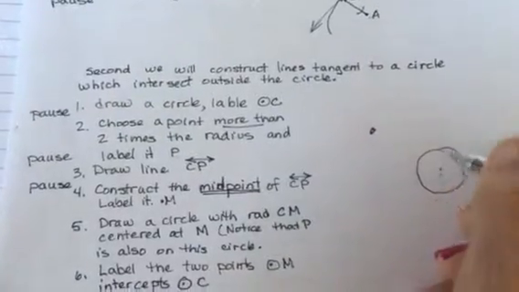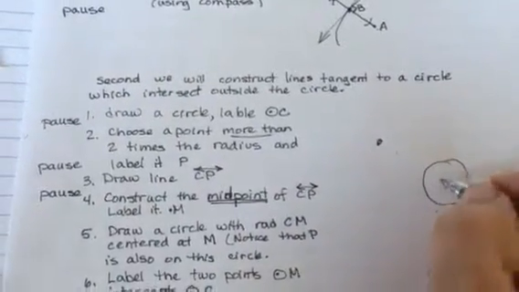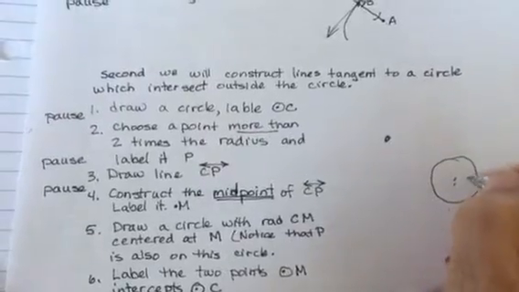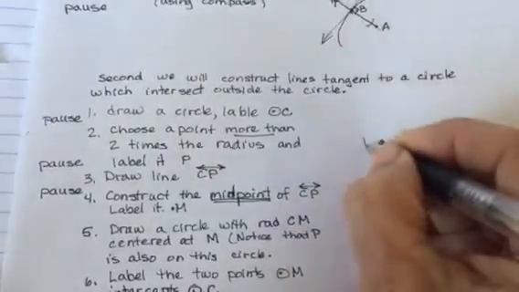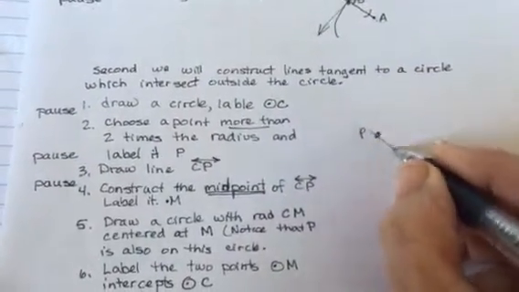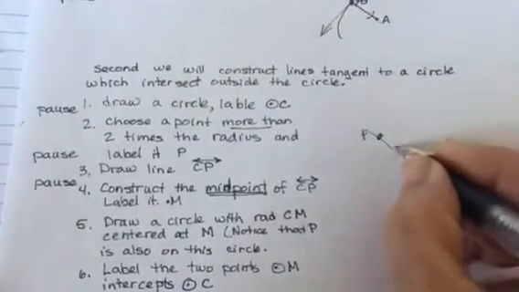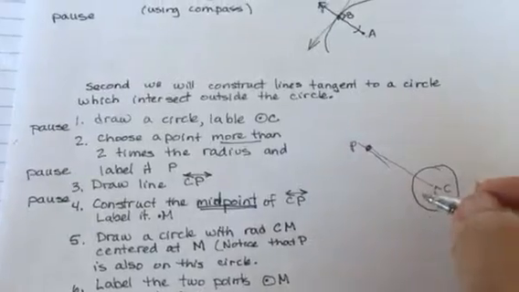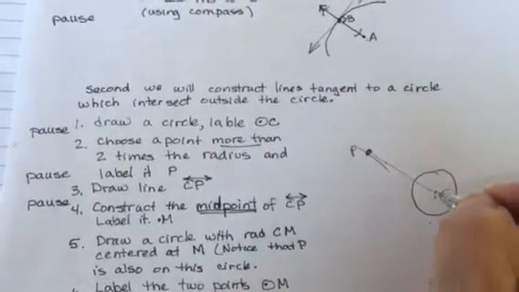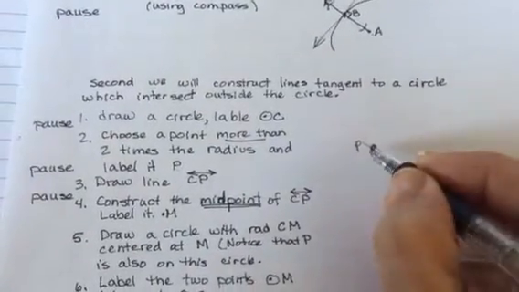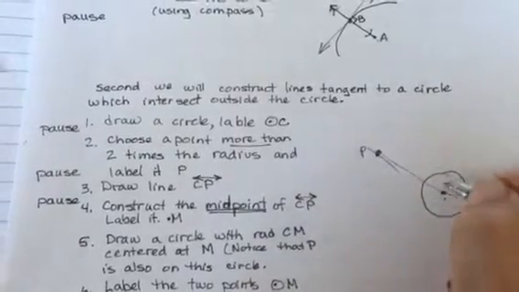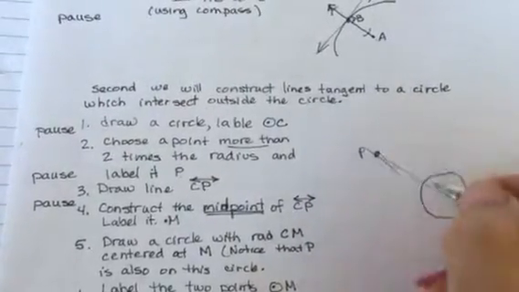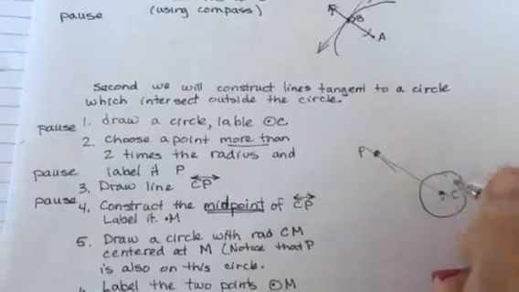First thing to do, after we draw the line CP with your straight edge, we need to construct the midpoint. So here we have a part, here we have a part. These 2 points are known and we need to divide it in half equally.